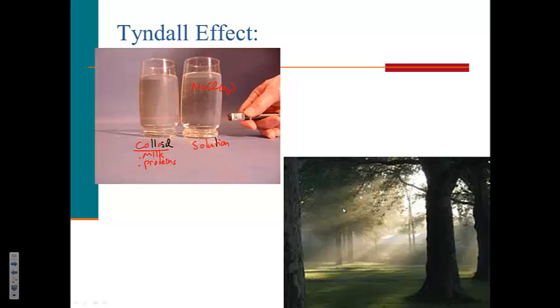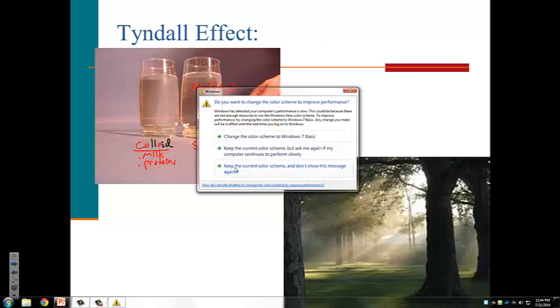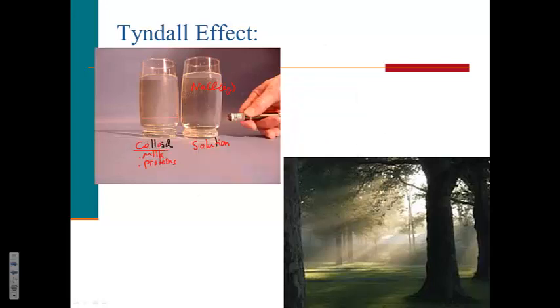And yeah, you are. When the light isn't as intense, the angle isn't as low, you don't see the path of the light, and you don't see all those little dust particles in the air, but they're there.